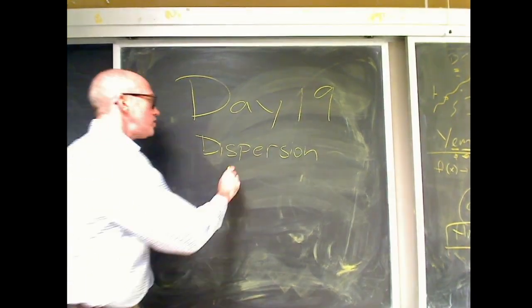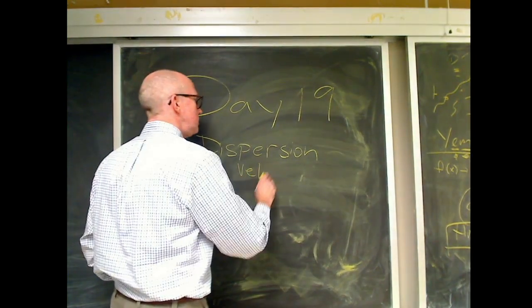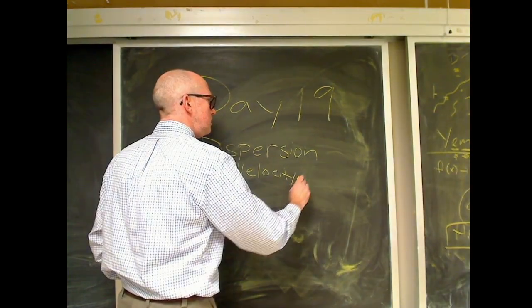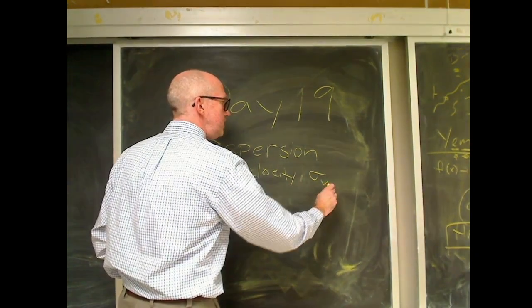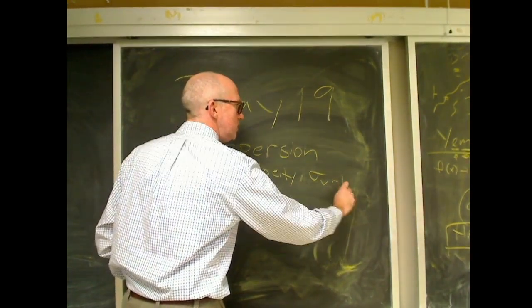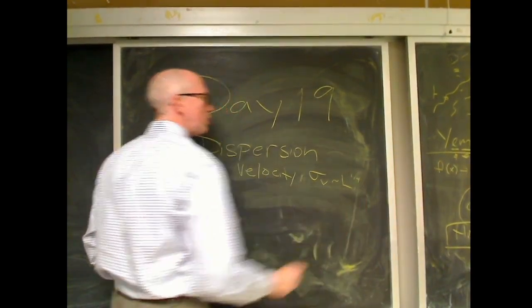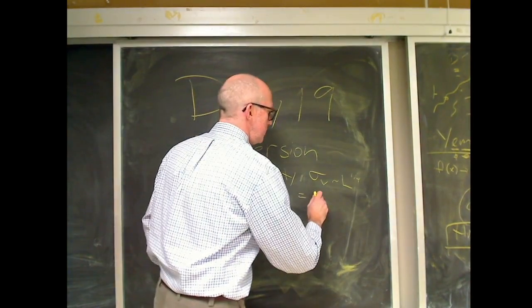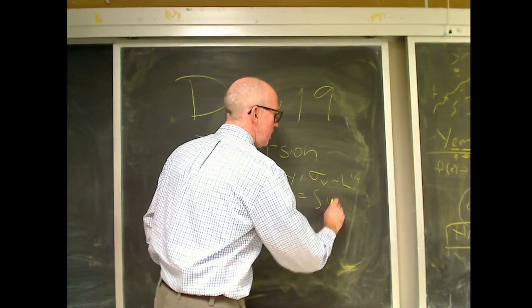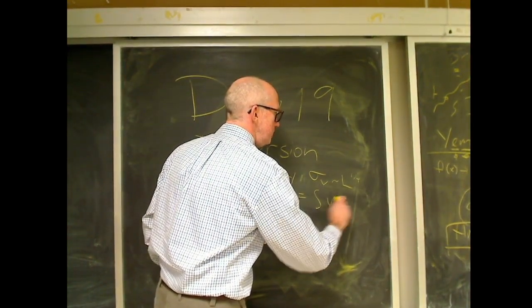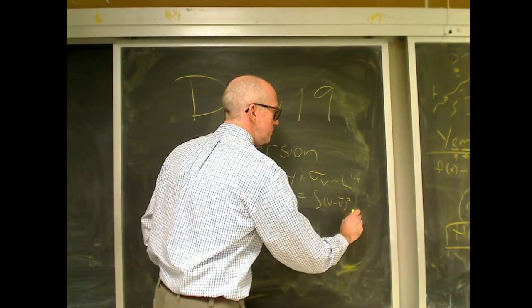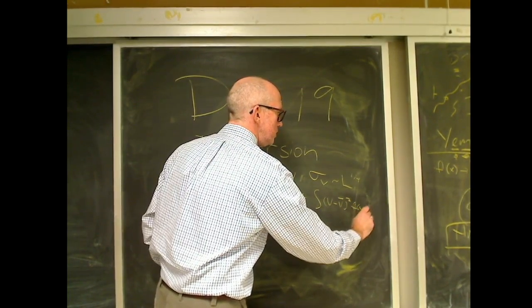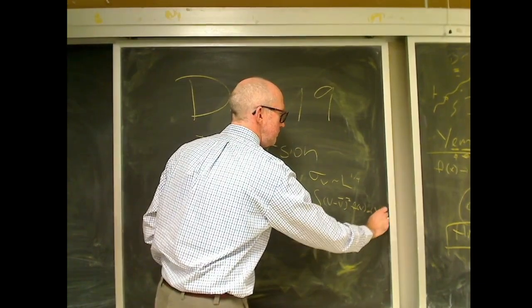So there's the dispersion of the velocity, and that's sigma v, and sigma v goes like a luminosity to the quarter power. And this is the integral of the velocity of each star minus the mean velocity, squared, times the distribution of stars, dV.